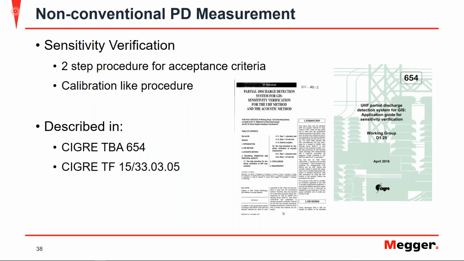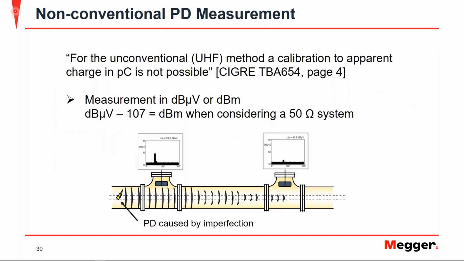Now the measurements for GIS, at least the on-site measurements, are typically non-conventional partial discharge measurements. The sensitivity verification is performed to replace the calibration, and it's a two-step procedure that's covered in the CIGRE documents listed here, where essentially for the unconventional UHF method, a calibration to an apparent charge, that picocoulomb value, is not possible.